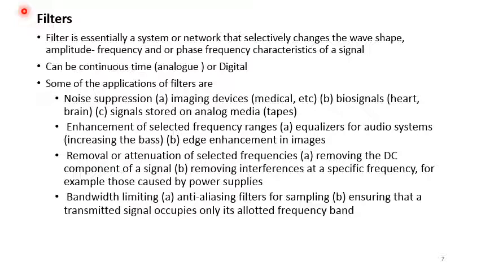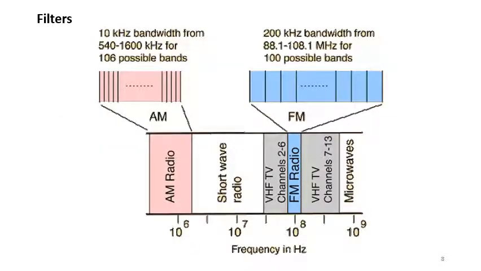We can also use a band pass filter to ensure that the transmitted signal occupies only its allocated frequency band. I hope you have an idea about this one, or let's discuss the allocated frequency bands.